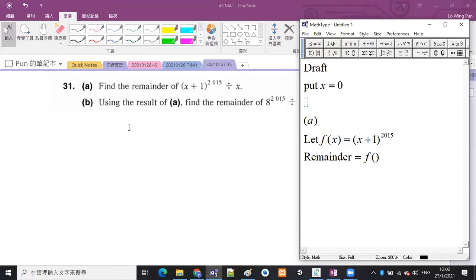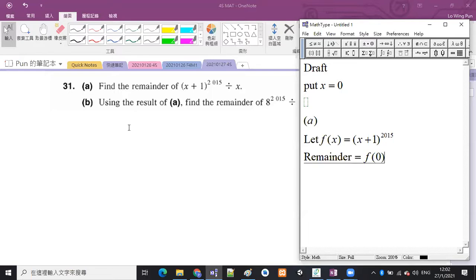So 0 is the number we need to put into f(x) to calculate the remainder. Can you get this? When you put x to be 0, there is no more calculation needed, because we just want the value of x. That is what we need to fill in this bracket.